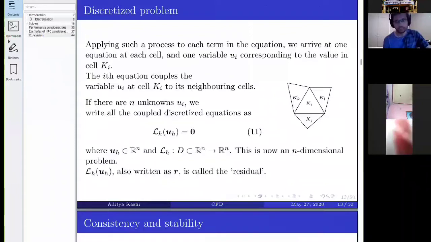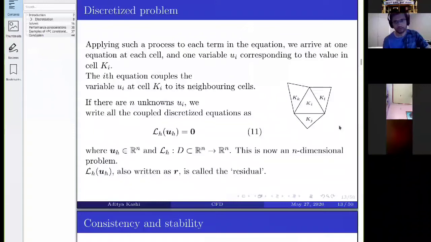So we apply that process to every cell in the mesh. And when we do that, the U values, the Ui at each cell, is coupled with at least its neighbors, essentially, because the flux at some face would depend on the unknowns at the two cells that contain that face.